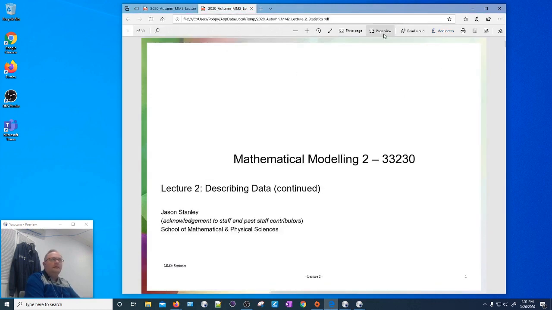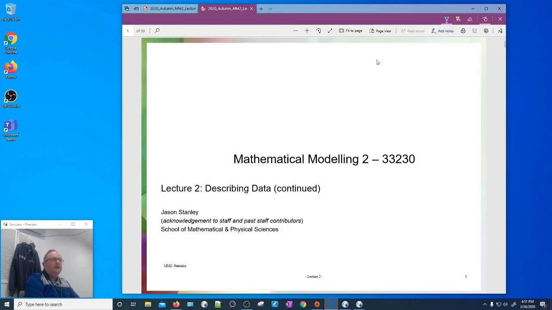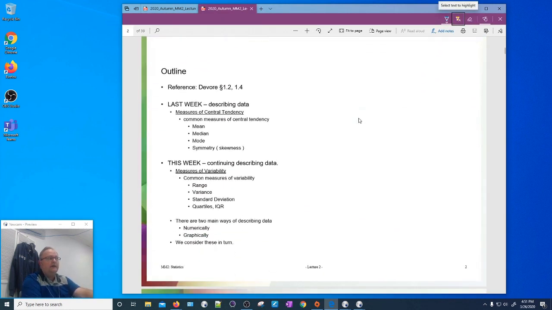Alright, so we're going on to describing data, and of course last week we had a look at measures of central tendency, and the measures of central tendency that were looked at were mean, median, mode. We'll revisit skewness and symmetry a few times just until we get the idea.